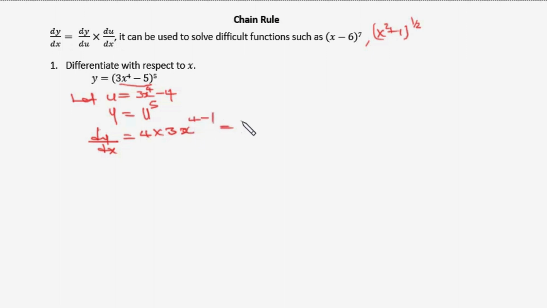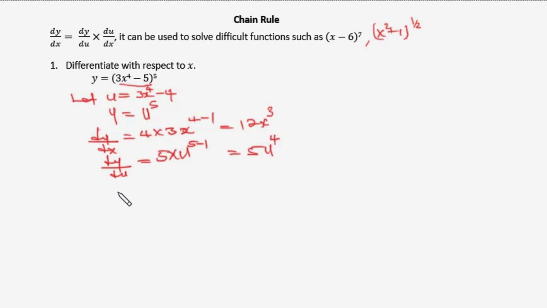This is 12x cubed. And then we have dy/du. Differentiate again, dy/du equals 5 times u, and then 5 minus 1. This gives us 5u raised to the power 4.